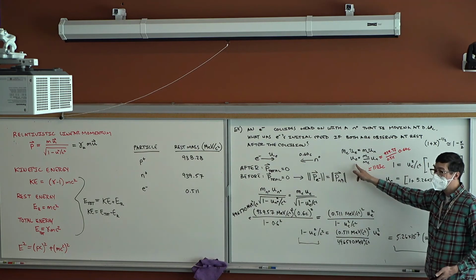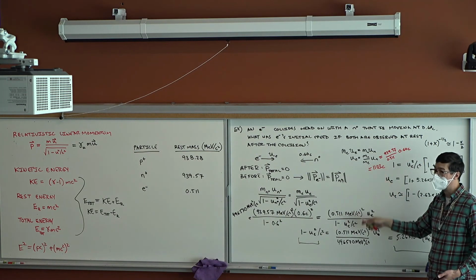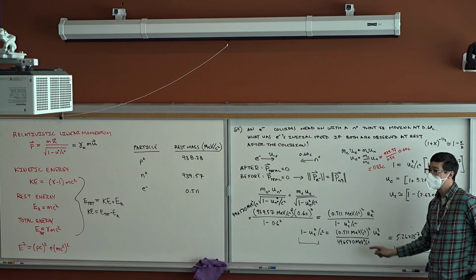Note that if we did this classically, the electron would have to travel about 1100 times the speed of light for this to work.